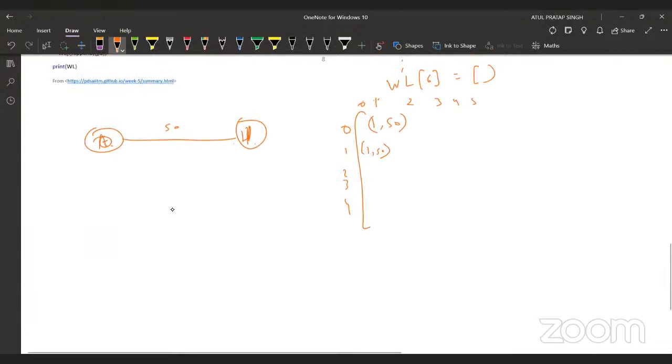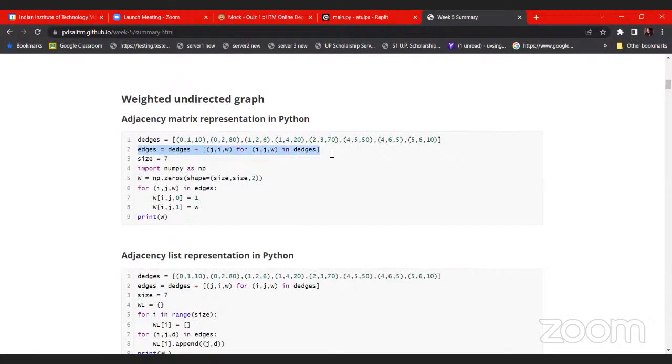If we are creating an adjacency list, say D is our dictionary, we will store D0 to 1 and 50, and at the same time we will store this information for 1 also, so 0, 50. So for the representation, we store this information two times, for each vertex connected by the edge. Because of that, we are doubling the edge information.